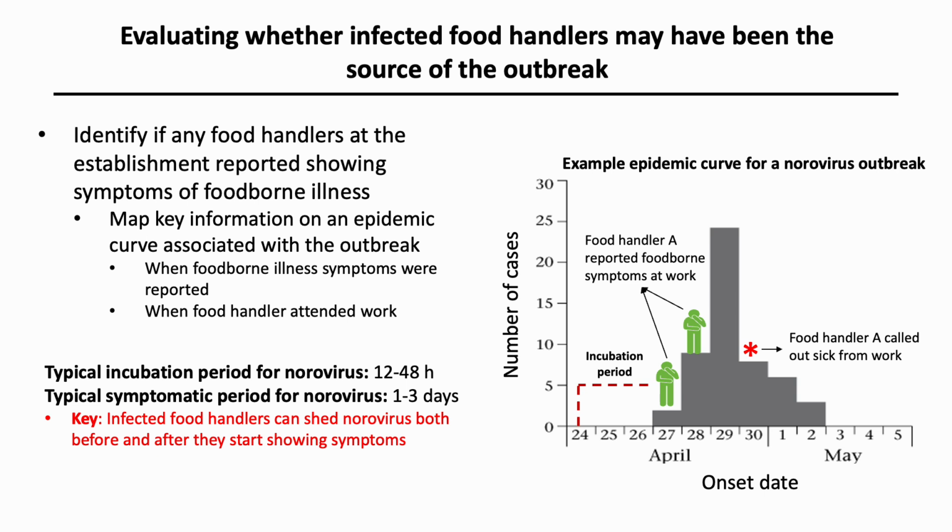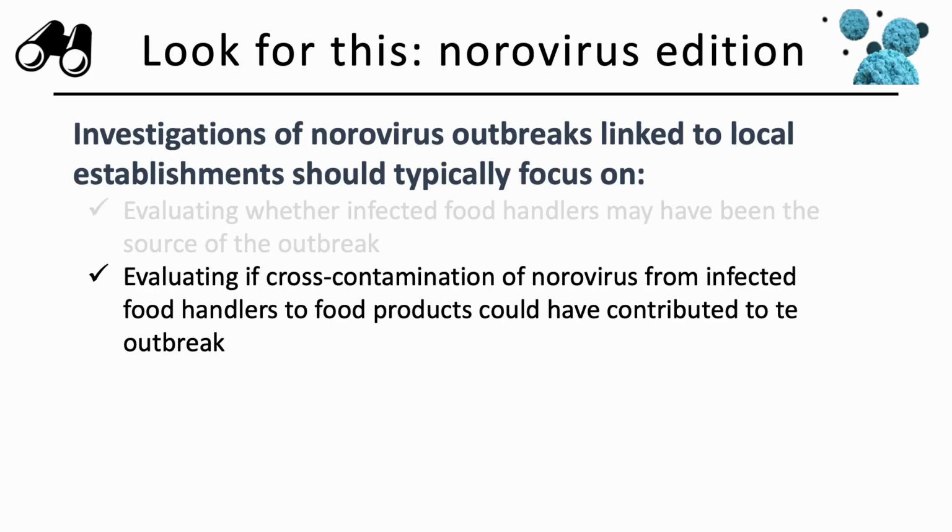As we know that norovirus has a typical incubation period of 12 to 48 hours in which individuals may still be able to shed the norovirus without showing symptoms, mapping when food handler A started showing symptoms and when they stopped attending work to this scenario epidemic curve provides evidence to support that this food handler may have been a potential source of this norovirus outbreak.